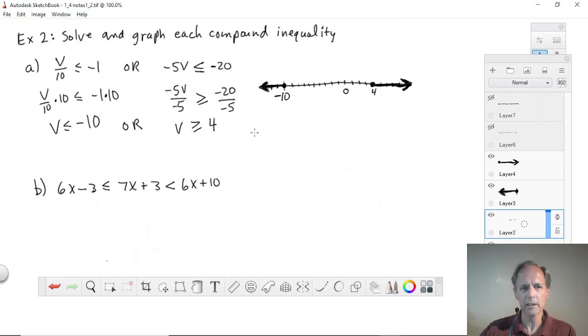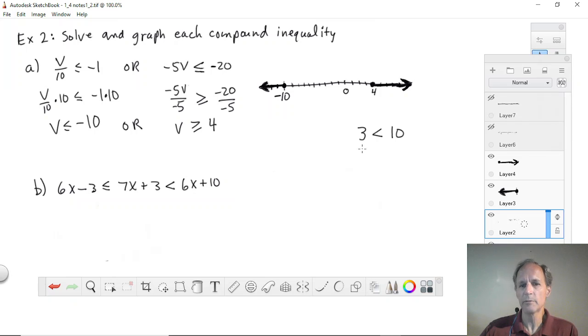We should probably talk a little bit about why we reverse that sign when we multiply or divide by a negative number. Let's see if this makes sense. Let's just put in some actual numbers. 3 is less than 10. That's true.